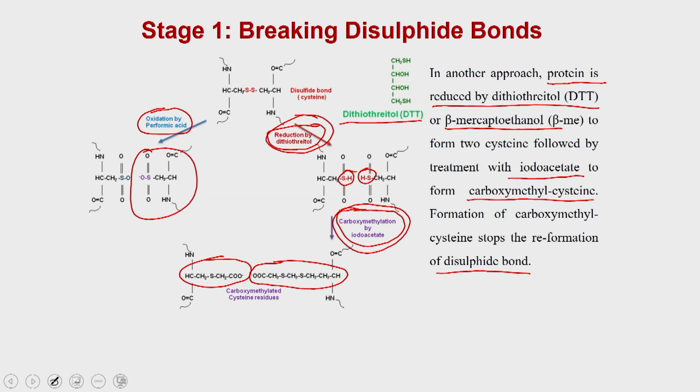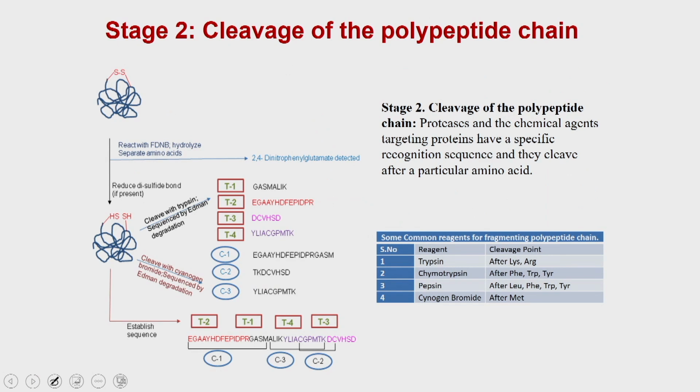Now, let us move on to the next step. In stage 2 you are going to do the cleavage of the polypeptide chain. Once your disulfide linkages are gone, in the second step you have to cleave the linear polypeptide chain. The cleavage can be done simply by proteases or chemical agents.